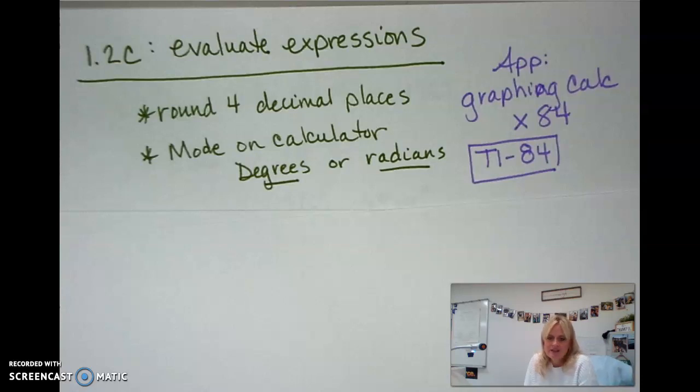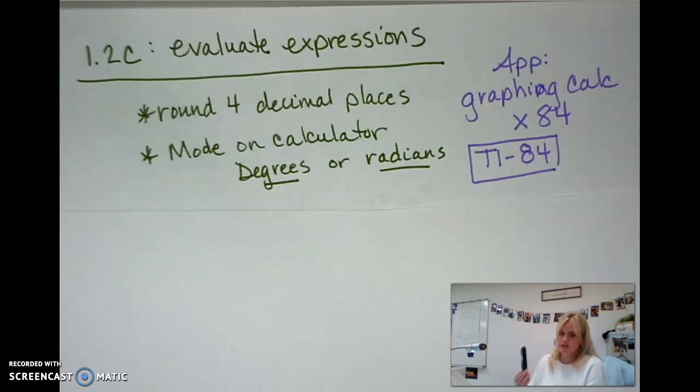Hi everyone, we are going to be learning how to use the graphing calculator today to help us find sine, cosine, tangent, secant, cosecant, and cotangent on some numbers or angles that are not on our unit circle.